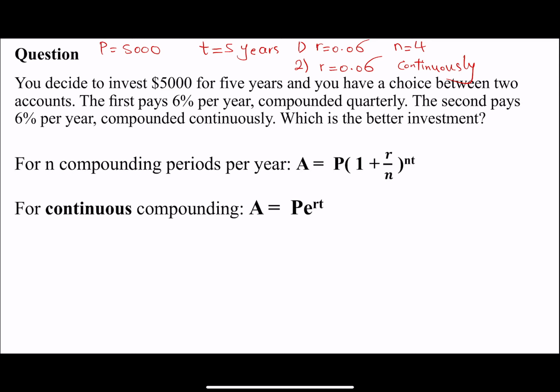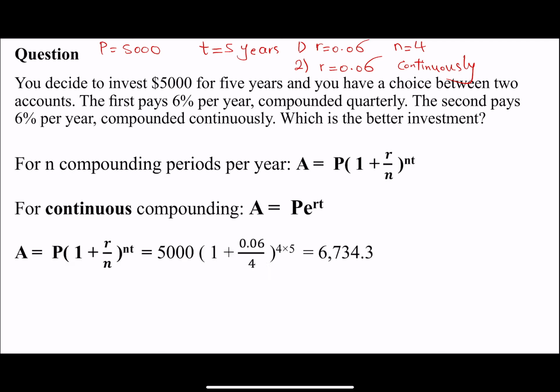Here is the equation that we have. A is equal to P times e to the power of rt. So for the first option, principal is 5,000 times 1 plus r, which is 0.06 over 4, to the power of n times t, which is 4 times 5, which is 20.